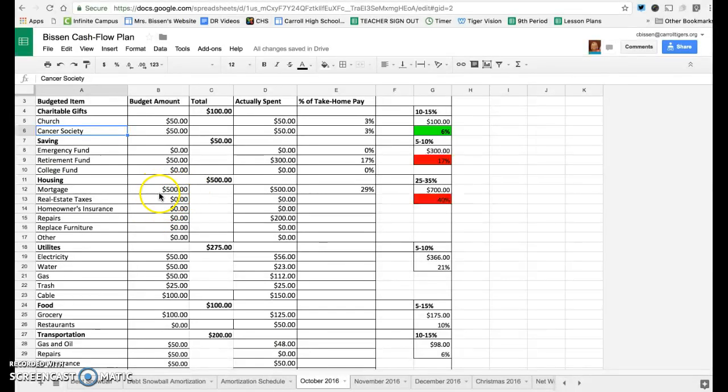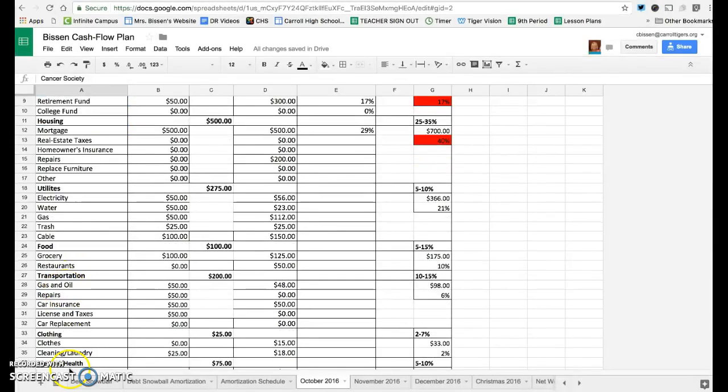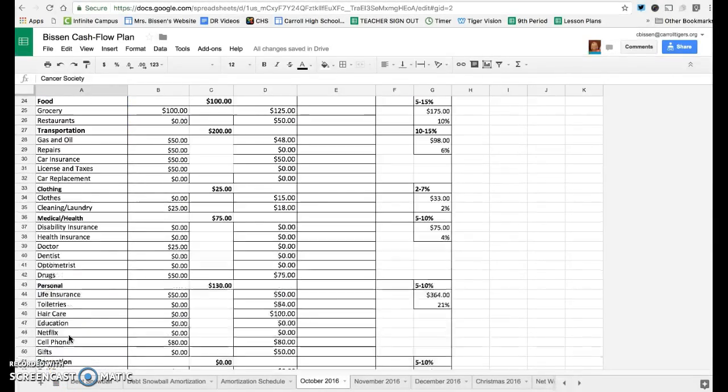That just all goes into my mortgage. So the amount I'm budgeting is zero, but my mortgage amount is 500, and they will pick this out of a hat or a cup, I think, and so they will know what their house payment is. Then you have all your utilities, food, transportation, clothing, medical, all those things.